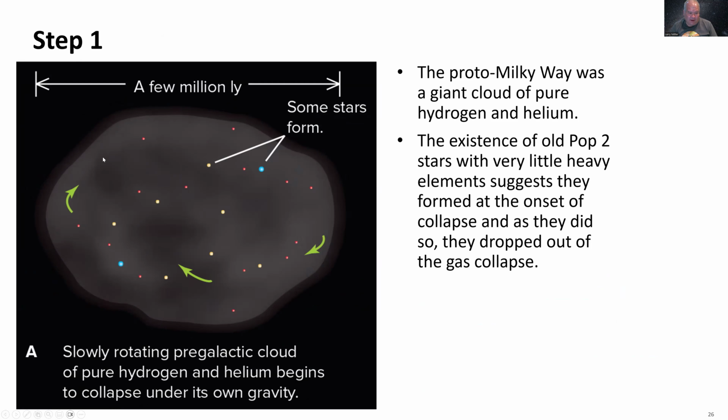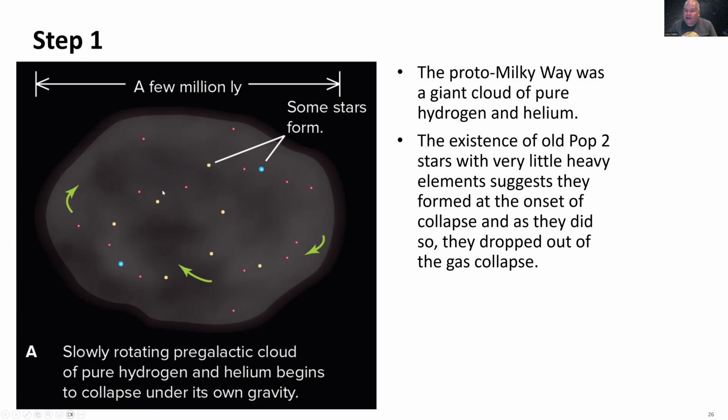In step 1, you have this large cloud, and it's pure hydrogen and helium from the Big Bang. We'll talk about the Big Bang in a couple weeks. There's no heavier elements yet, and it's also not shaped like a flat disk. It's a big, spherical-ish cloud.